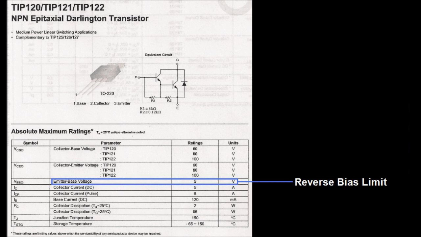VEBO stands for the voltage of the emitter to the base with the collector open. That's what the O is for. And if the emitter is 5 volts, you cannot go any higher. Otherwise, the transistor is damaged.